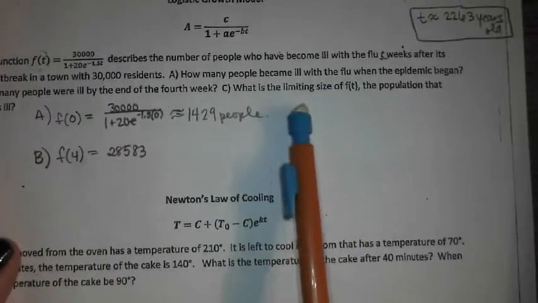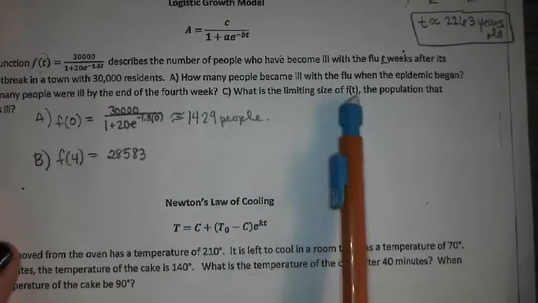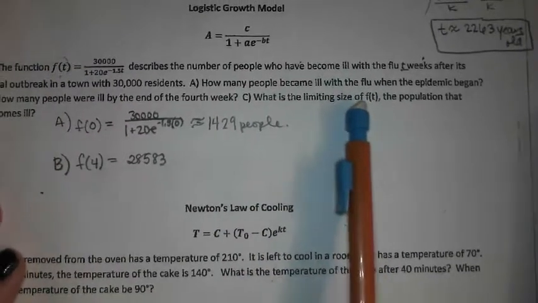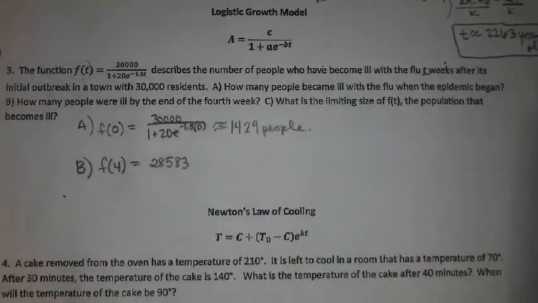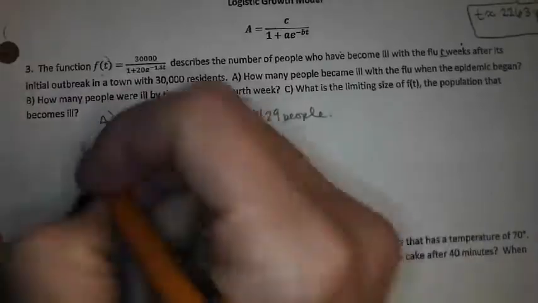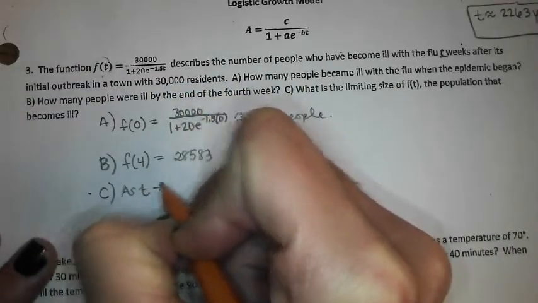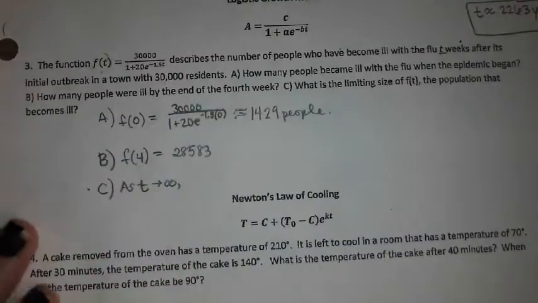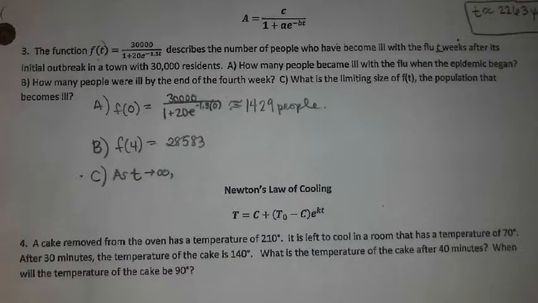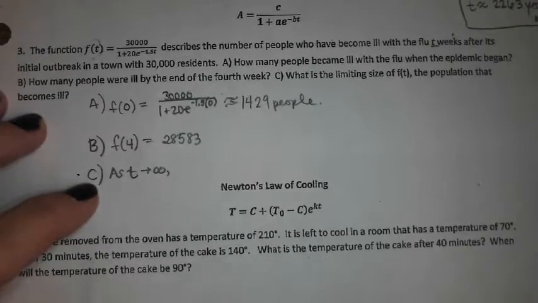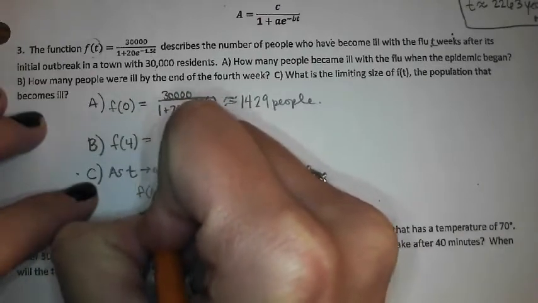And then C is, what is the limiting size of this? What is the limiting size? So meaning, as our number of weeks approaches infinity, right? So as t approaches infinity. So maybe just plug in something absurdly large, like f of 100, 100 weeks.